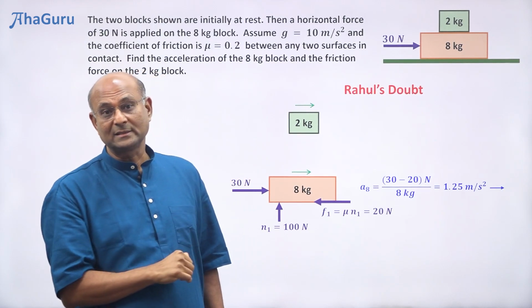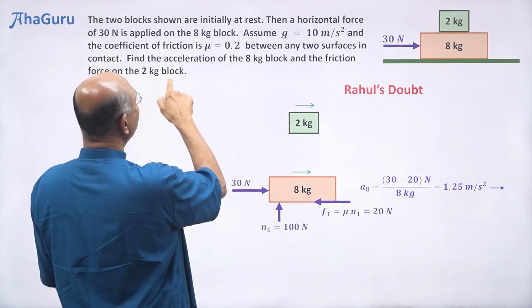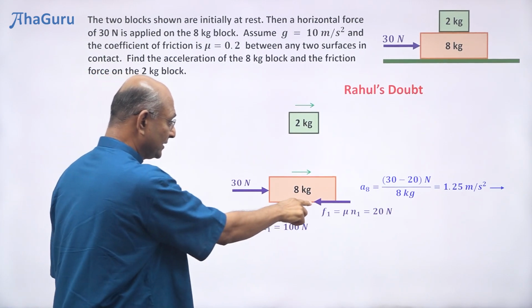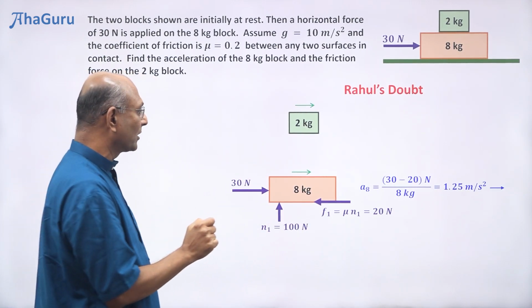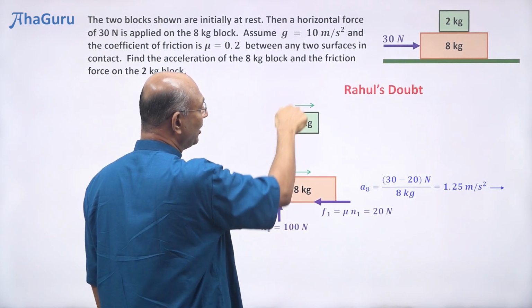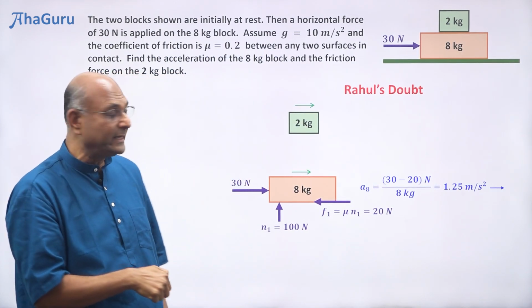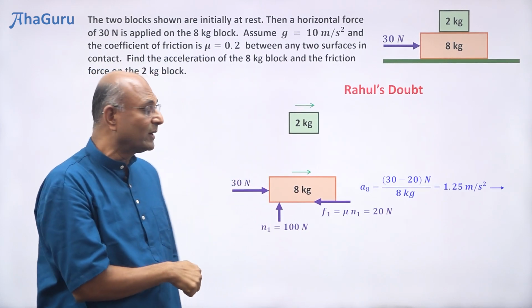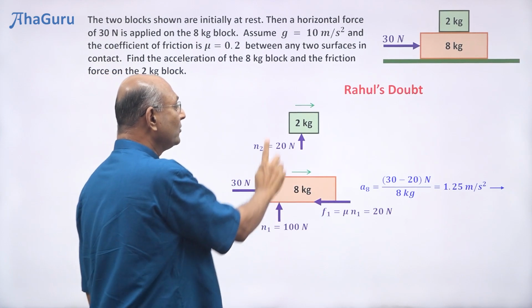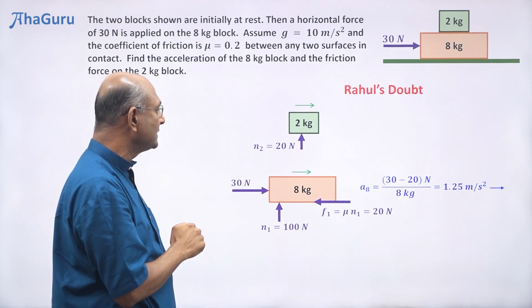This is what Rahul has derived, right? And then the second part is what is the friction force on the 2 kg block. Now this is not the friction force on the 2 kg block. So on the 2 kg block, why is there a friction force? Well, the 2 kg block has a gravitational force of mg, which is 20 newtons downwards. And so there must be a normal force, which is 20 newtons upwards on the 2 kg block.